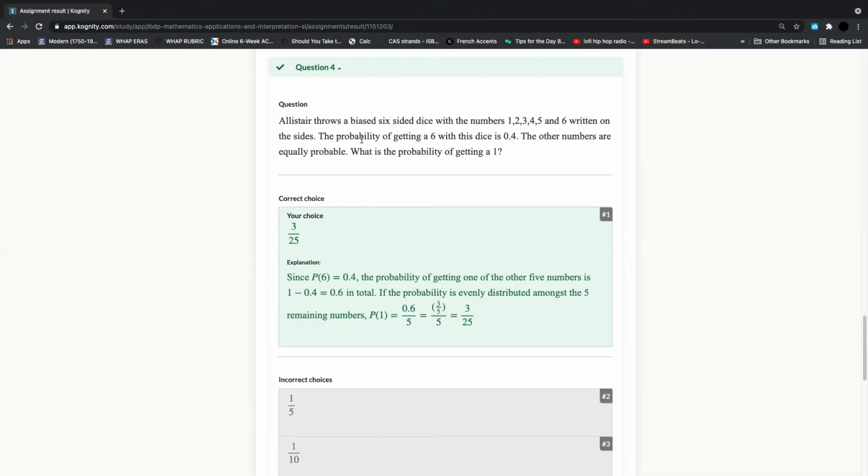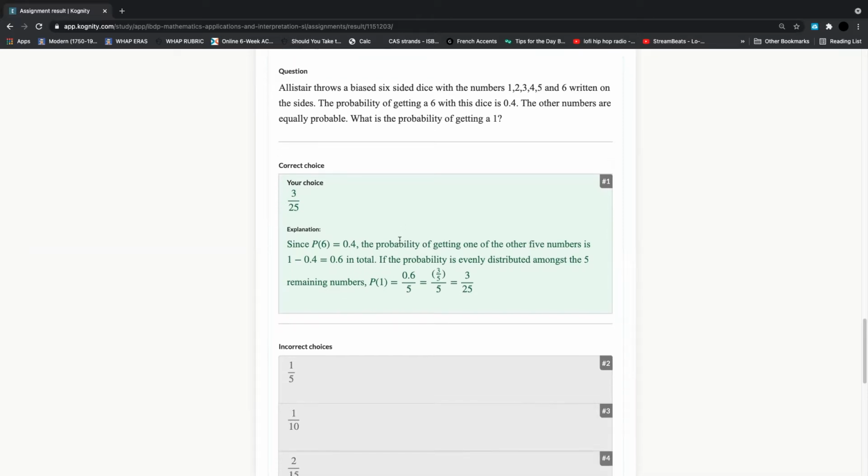And since all the other sides are equally probable, you take 0.6 and divide that by the remaining number of sides, which is 1, 2, 3, 4, and 5. So finally, you would have 0.6 divided by 5 equals 0.12.